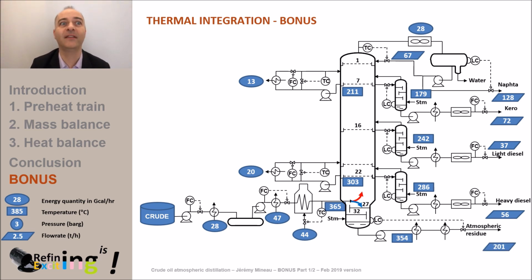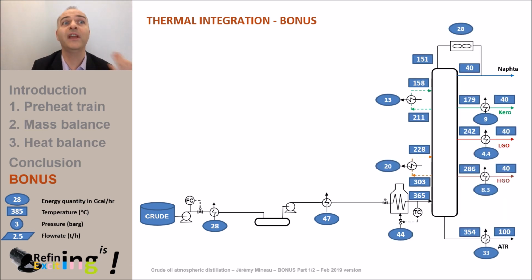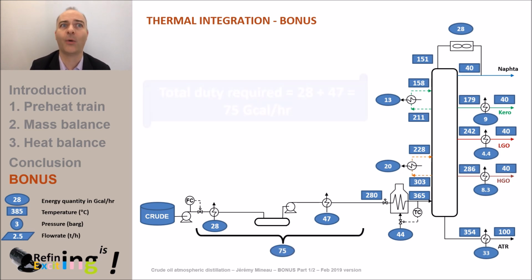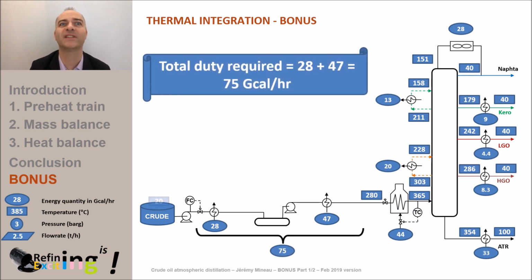In addition to that, note that two pump arounds have been installed, one at the top and one at the bottom of the tower. In terms of heat quantities involved, the crude is heated up in the heat exchangers to a temperature of 280 degrees C, and this requires 75 gigacalories per hour if we consider that the crude was stored at 20 degrees C.